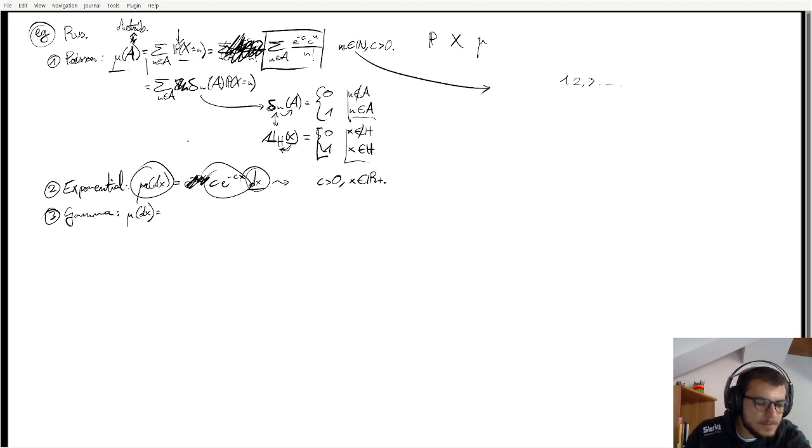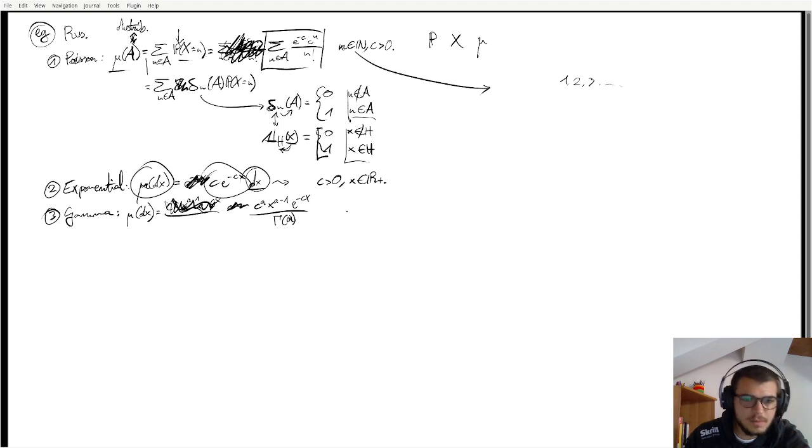So the gamma distribution is the following one: c to the a, x to the a minus 1, exponential of minus cx, over the gamma function of a.